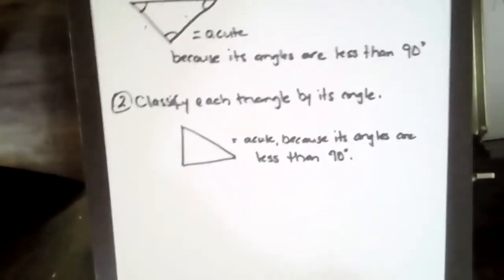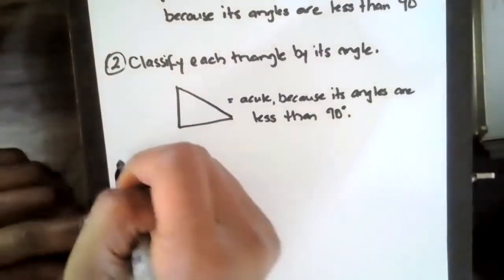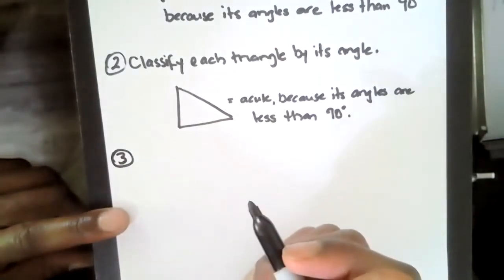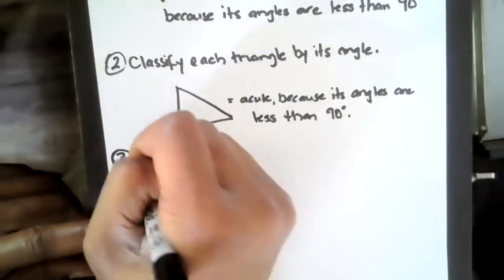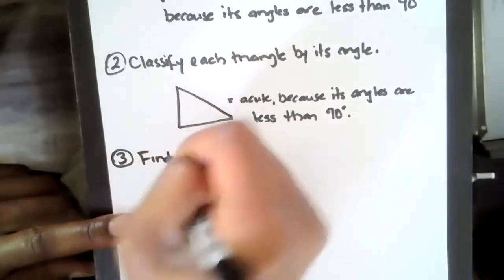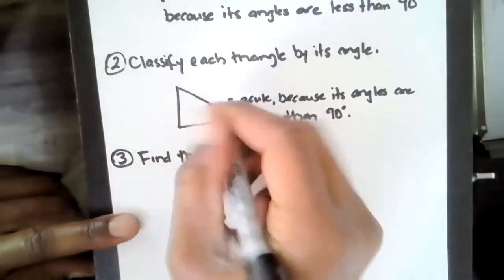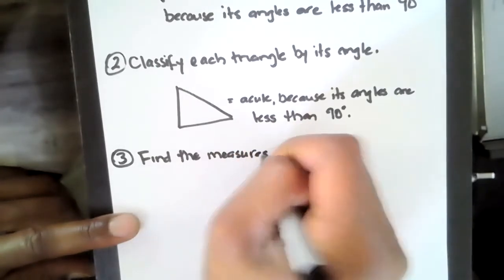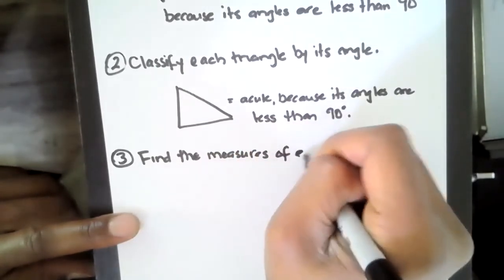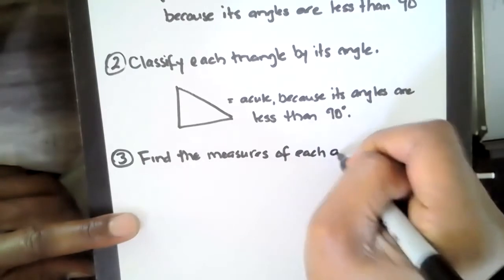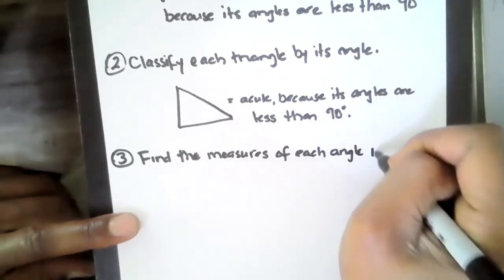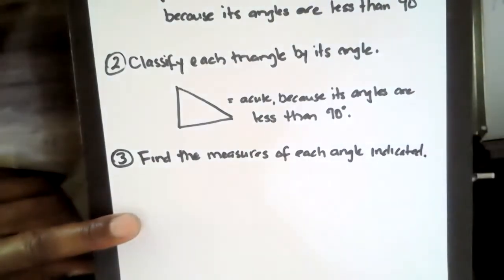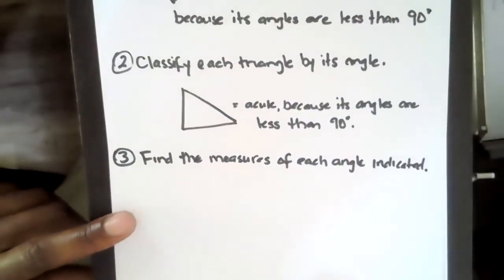Number 3. It says find the measures of each angle indicated.